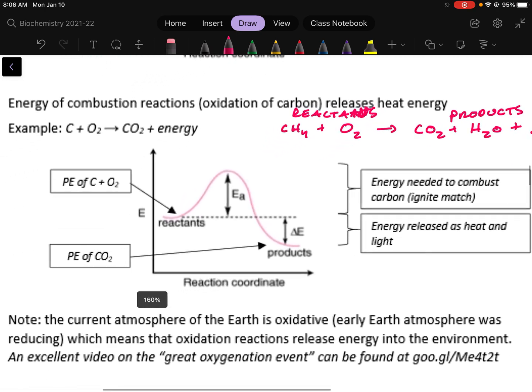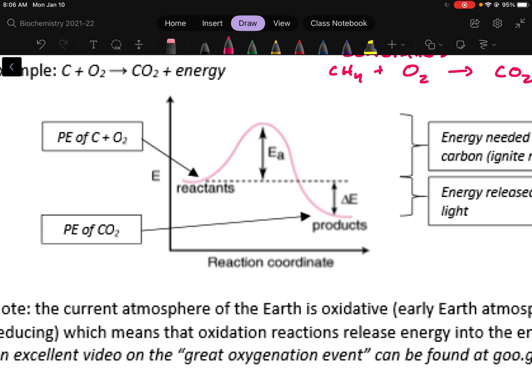So let's break down this diagram a little bit. When we're talking about energy, we're really talking about chemical potential energy. There's all sorts of other forms of energy. In this case, we were talking about the energy that is stashed in the bonds between atoms. And so the energy of a reaction we can chart over time on a graph like this.